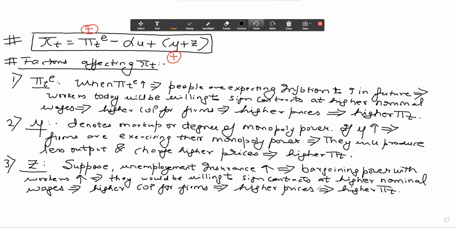So I can say that z and pi t also share a positive relationship.